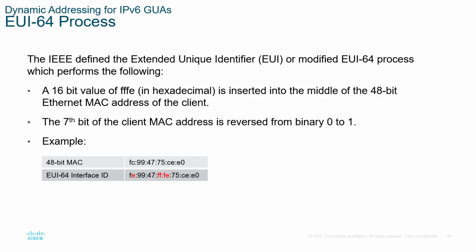So you just basically take the 48-bit MAC address of the client machine, split it in half, and pad it with this FFFE hexadecimal sequence, and then we proceed to change the 7th bit from 0 to 1. So we just basically reverse the 7th bit of the client MAC address. After that, we assign ourselves our interface ID, and together with the extra information obtained from the router advertisement, we will then have an IPv6 address.